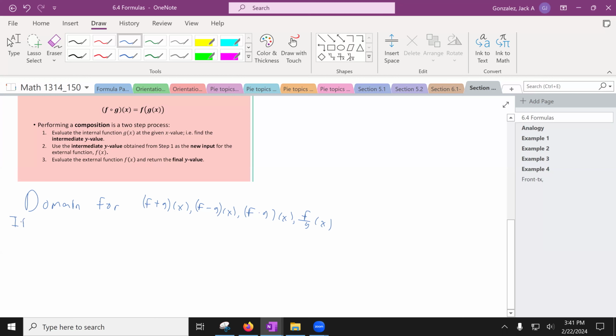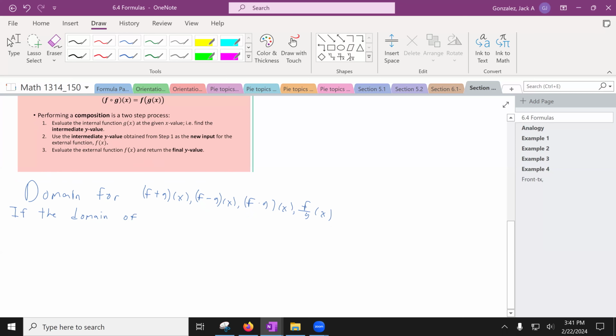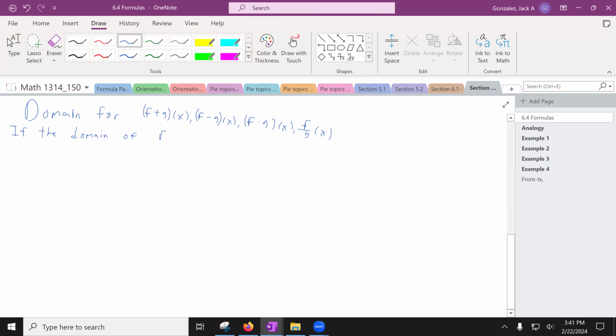So if the domain of F is the set A, and the domain of G is the set B, then the following would be true.